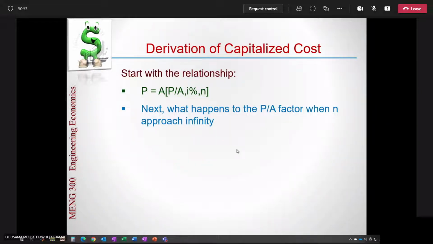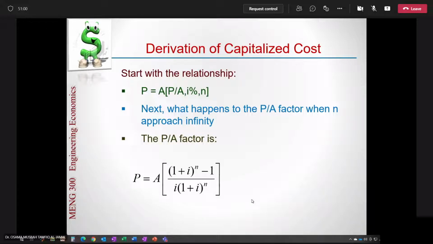What happened to the P given A factor when N approaches infinity? If you want to substitute in there, N approaches infinity. 1 plus I to the power infinity will give us what?